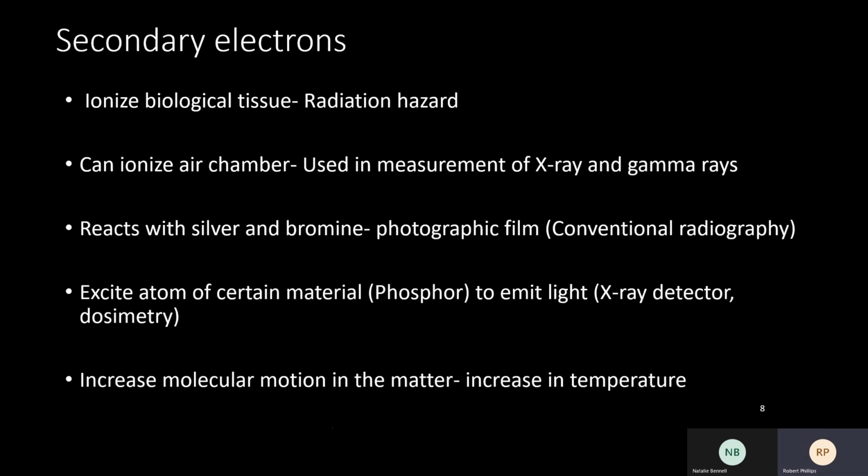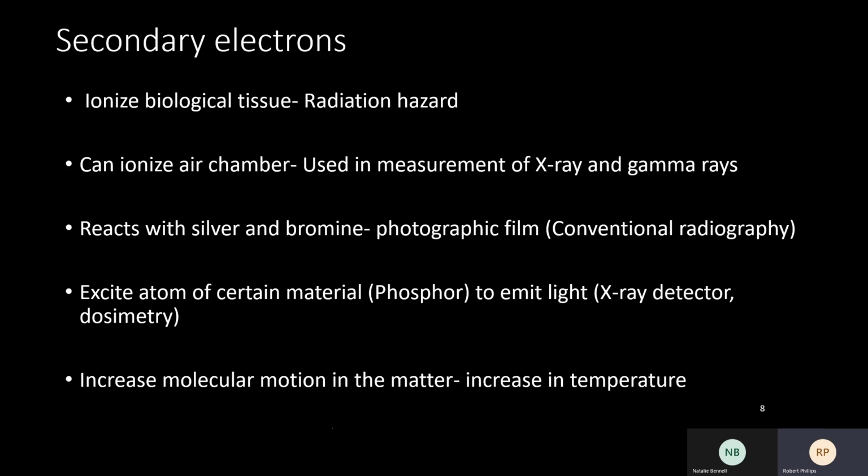The recoil electron from Compton scattering and photoelectron from photoelectric effect are collectively known as secondary electrons. These secondary electrons ionize biological tissue and cause radiation injuries. They can ionize air in a chamber, which is used in equipment to measure the intensity of X-ray or gamma rays. They can react with the silver and bromine ions used in photographic film in conventional radiography.